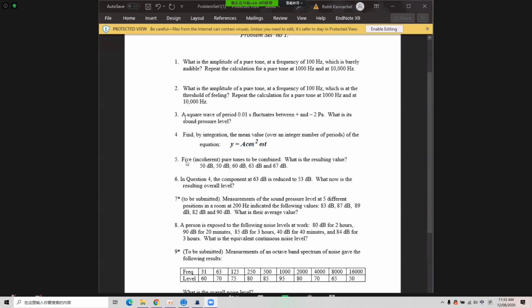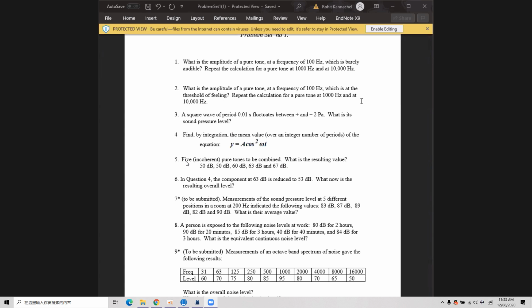Question 3. Since this is a square wave, we can't use the same formula for the RMS, right? So we would have to find the root mean square differently. That's right. So then question 4. I would try to do this integration for this cos squared one, but I kind of got lost. Could you help me out a bit?